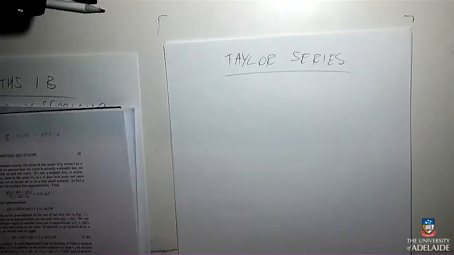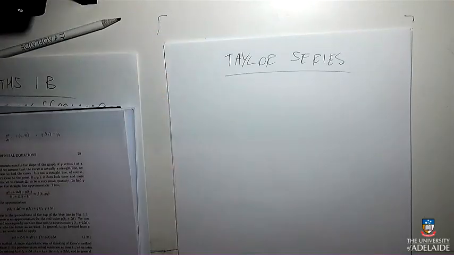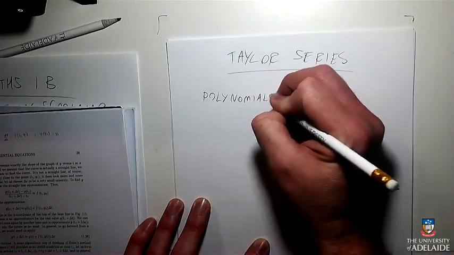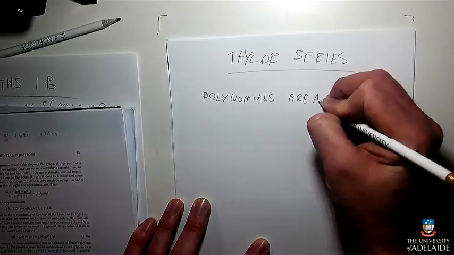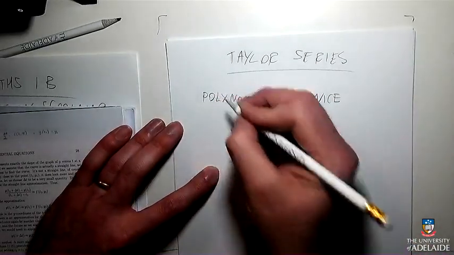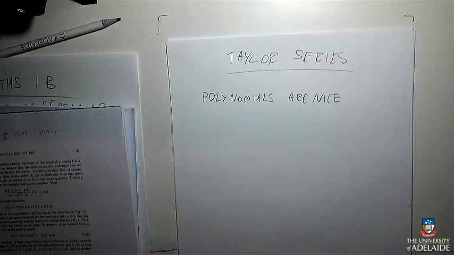The point of Taylor series is to write your function as if it was a polynomial, because polynomials are nice. We understand polynomials. We know how many turning points they have.